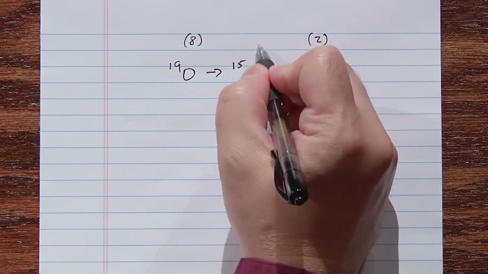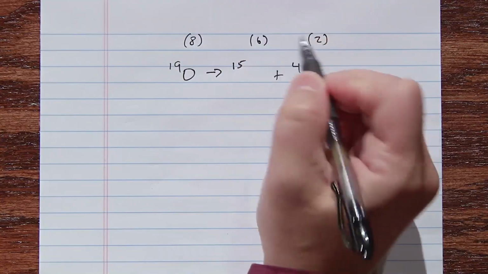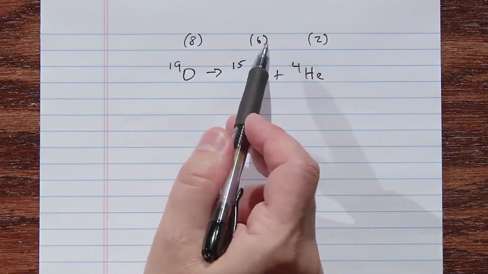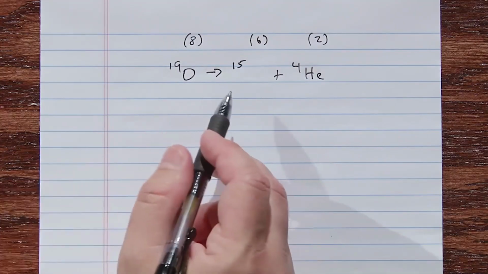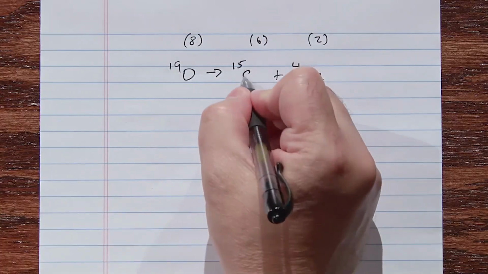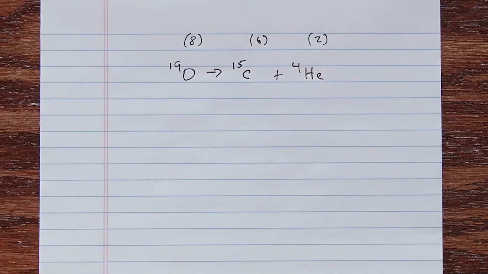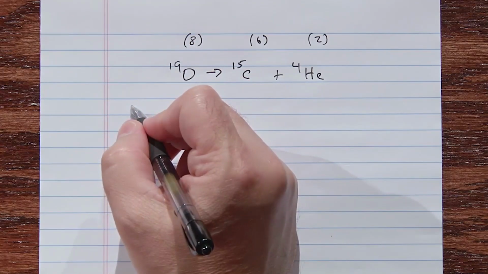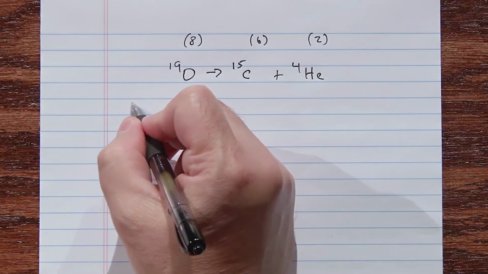So whatever we have here must be element 6, because 8 minus 2 equals 6. And so element 6 is carbon. So if oxygen-19 were to alpha decay, which means to emit a helium-4 nucleus, then the other product would be carbon-15.